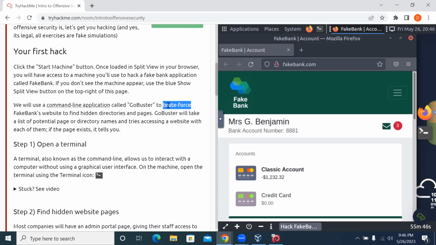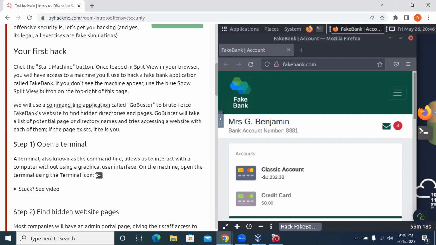So let's continue. They say GoBuster will take a list of potential page or directory names and try to access this website with each of them. If there's any that exists, it will tell us. So they are now saying open a terminal, also known as your command line, which allows us to interact with a computer without using a graphical user interface.